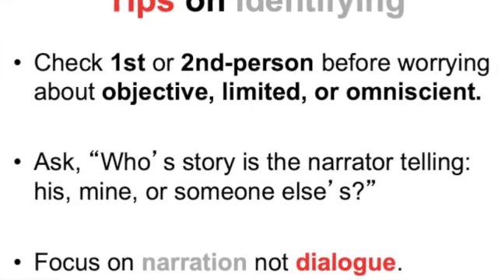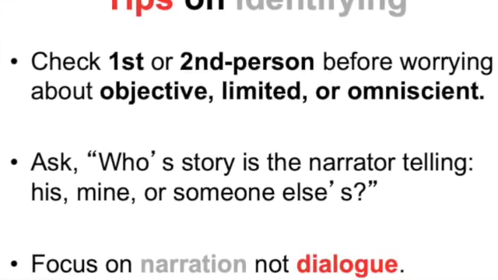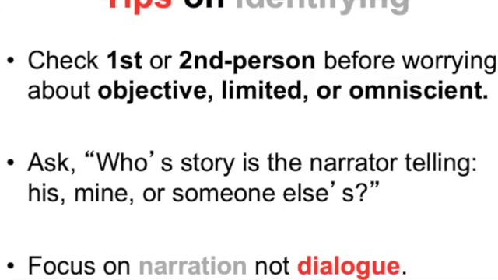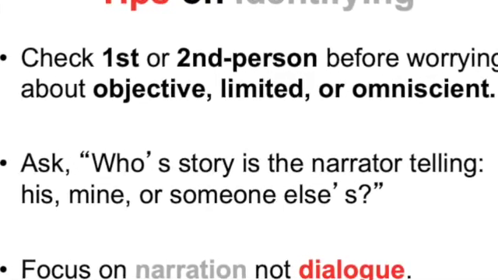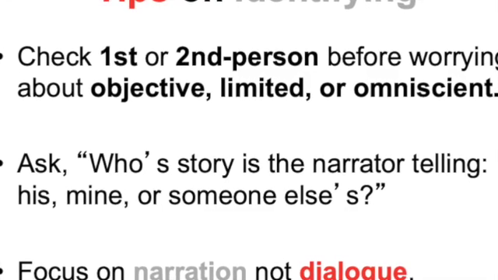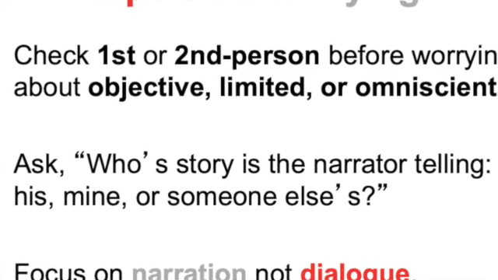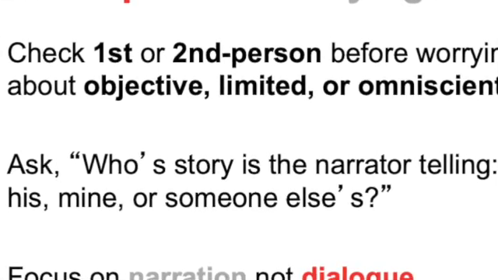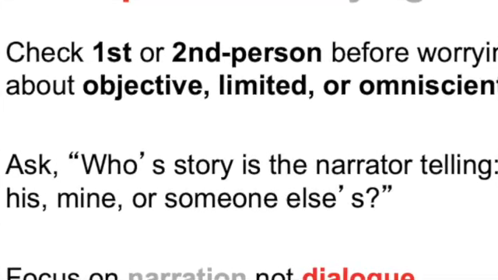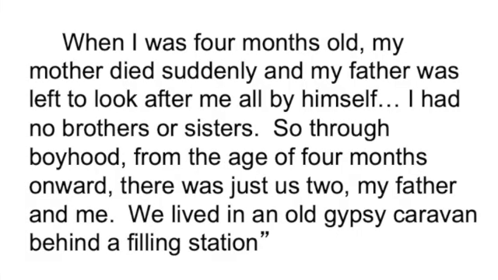Ask yourself, whose story is the narrator telling? Is the narrator telling his or her own story or somebody else's? And then finally, you want to focus on the narration, not the dialogue. No dialogue. So let's look at an example.